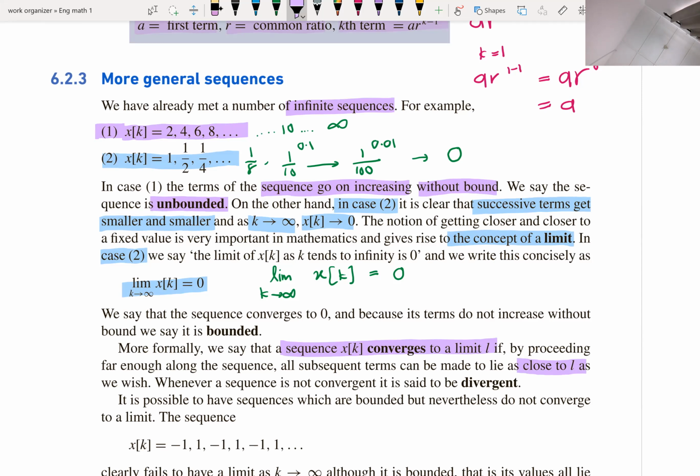Other values, such as 10 or 3 or any number, are also possible limits. Whenever the sequence is not convergent, we call it divergent.